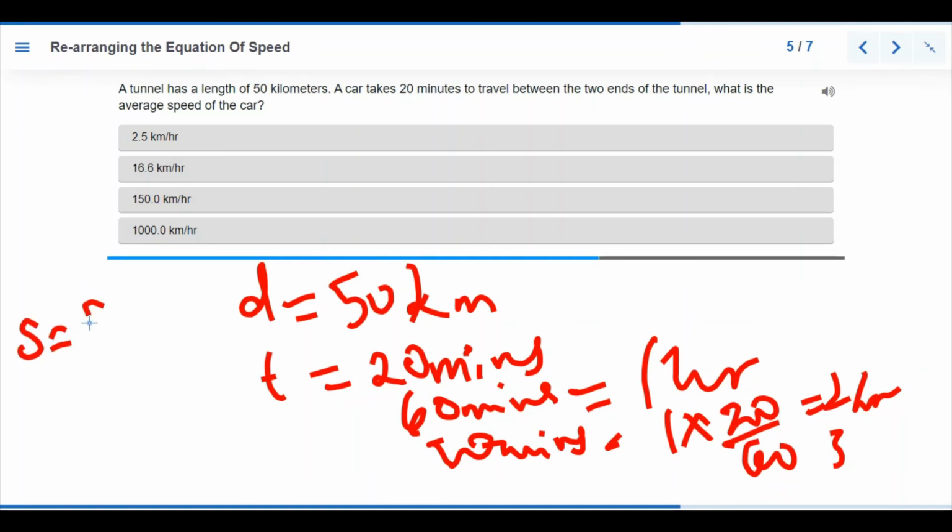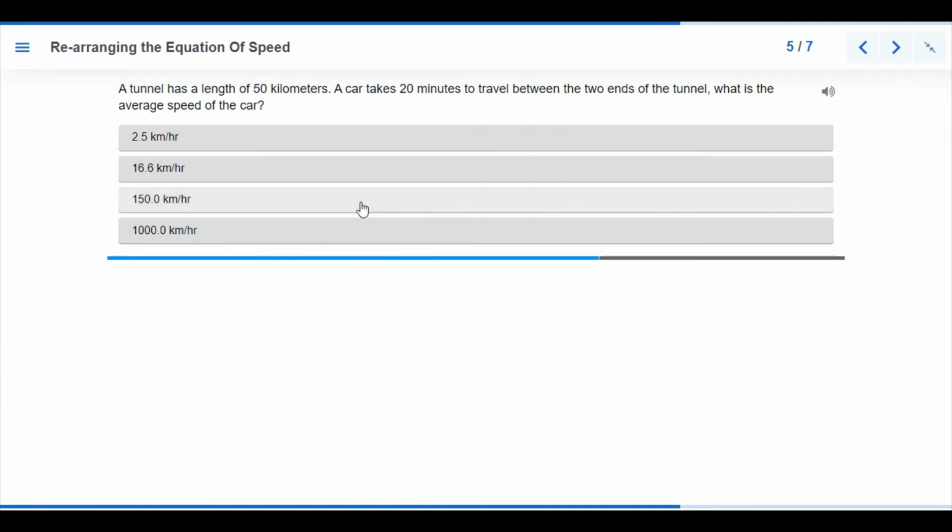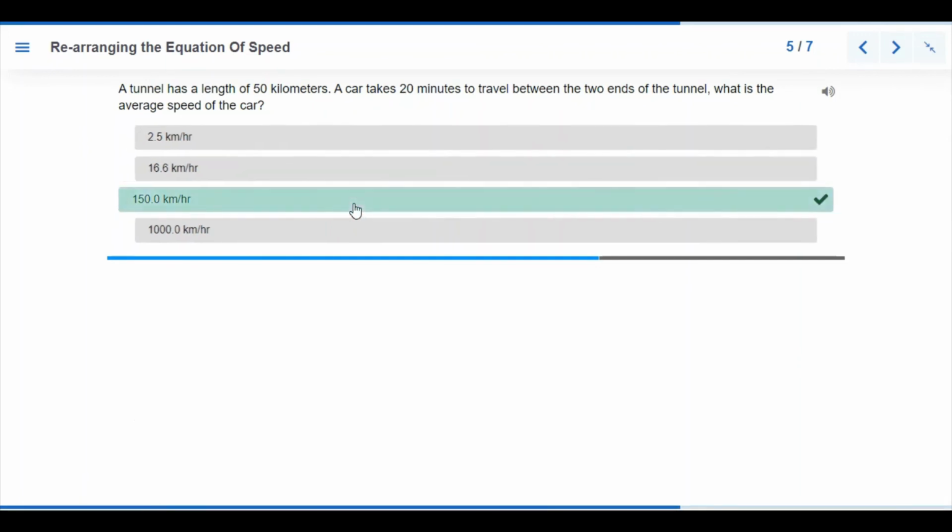Speed now is 50 divided by 1 over 3. 50 kilometers is the distance, 1 over 3 is the hour. So we have 50 times 3. That's 150 kilometers per hour. Can we see it in part of the options? Yes. Let's check.